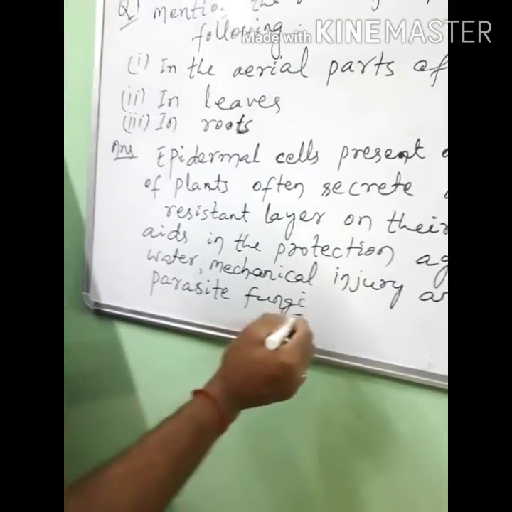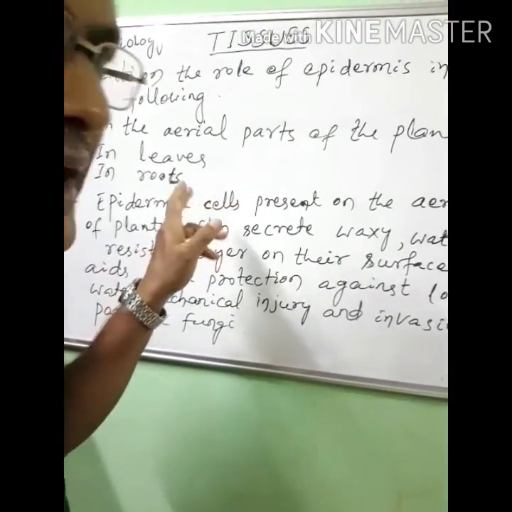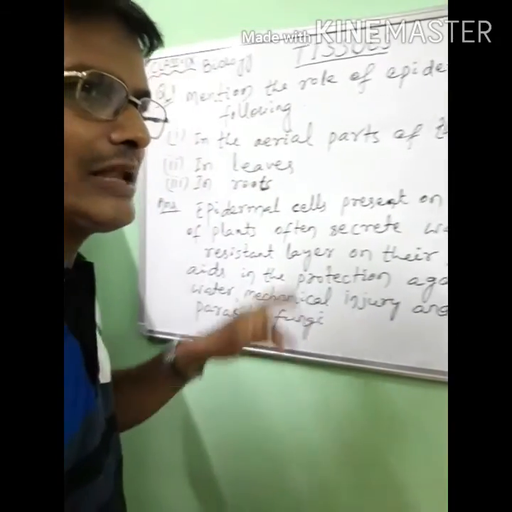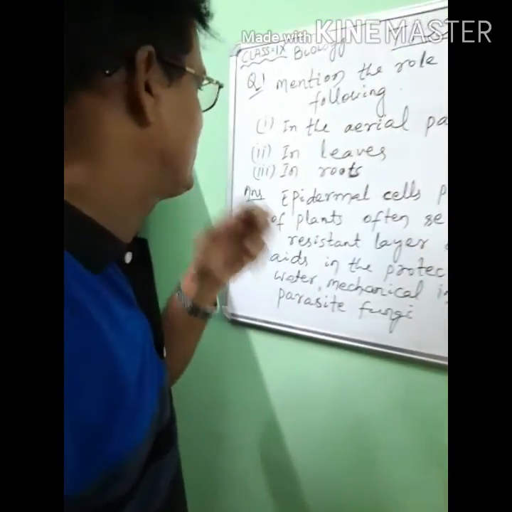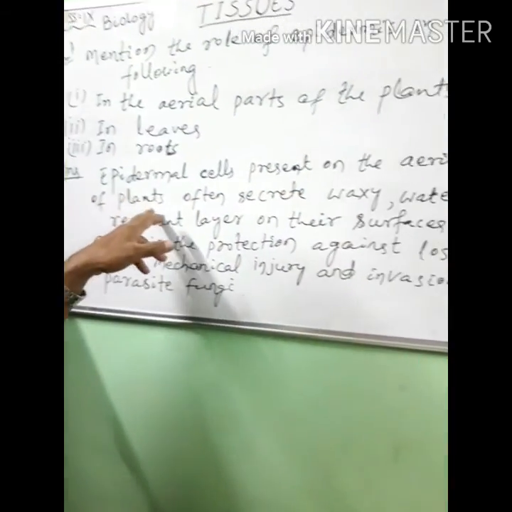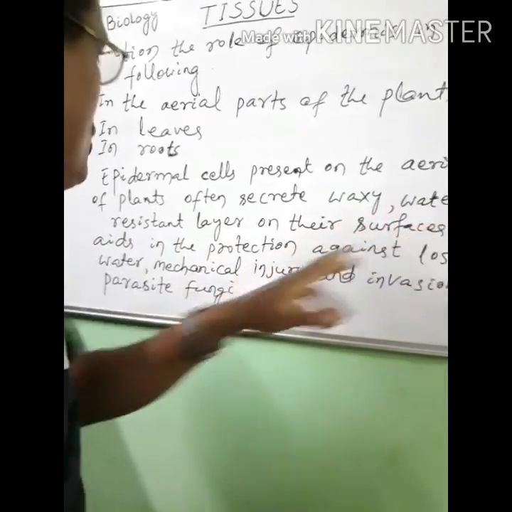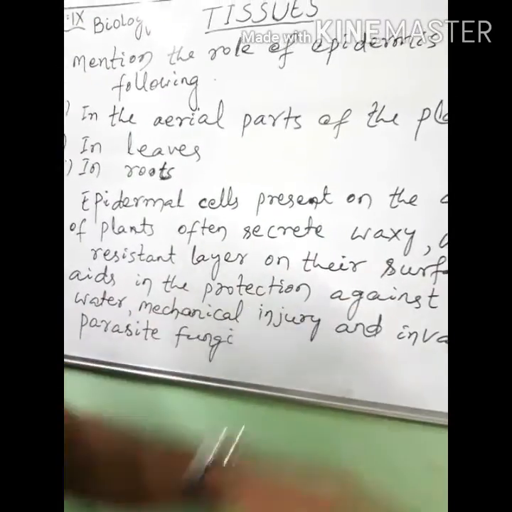Okay, so this is the role of epidermis on the aerial parts of plants. Epidermal cells present on the aerial parts of plants often secrete a waxy water resistant layer on their surface.